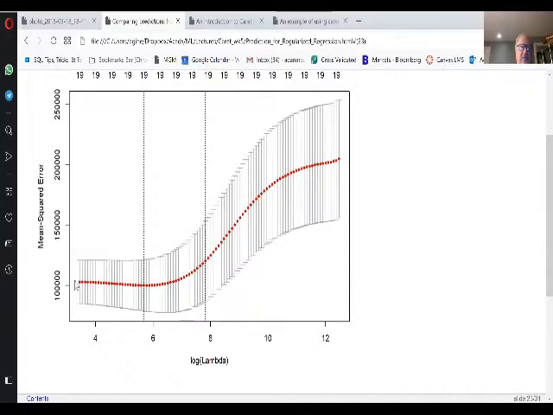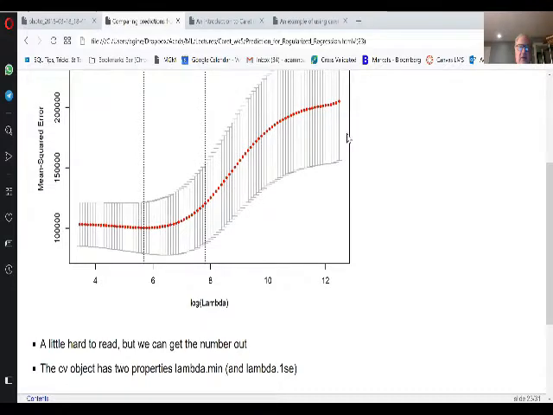These red dots are the MSEs, the estimates of the error, and the arrows are confidence intervals. I think these are the 2 standard deviation confidence intervals. Now, looking at this, we can see the best lambda looks to be around 6, and we can see that when the lambdas get very large, it gets pretty bad.